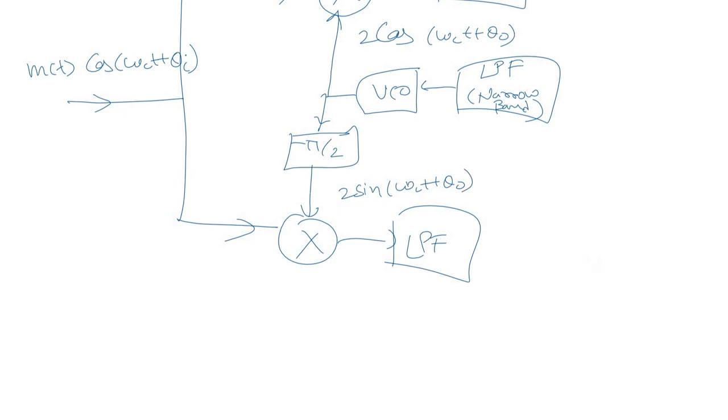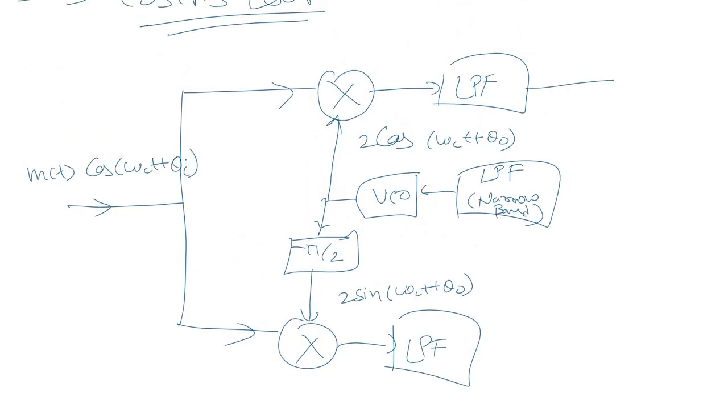Okay, and the signals from the low pass filters are m(t) cos theta e, which is the phase error, and here m(t) into sine of theta e, which is again the phase error.